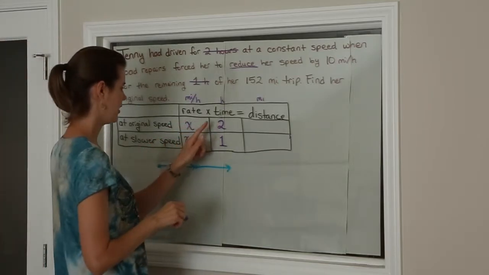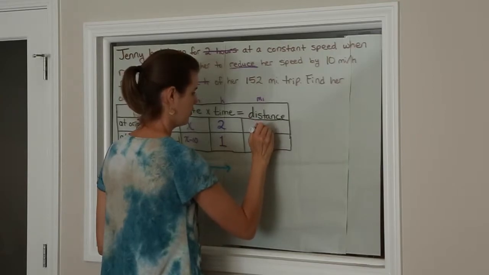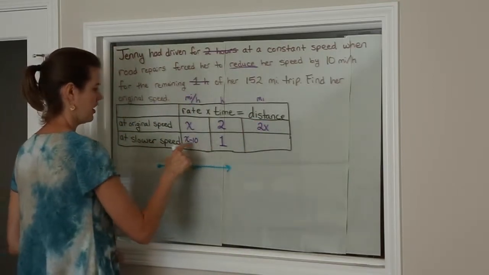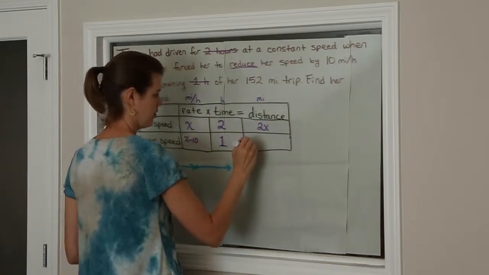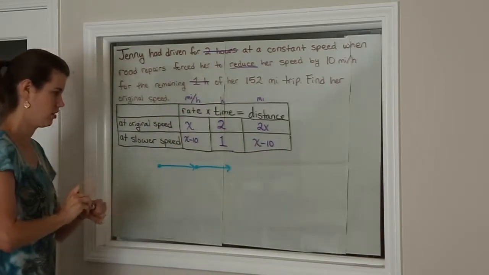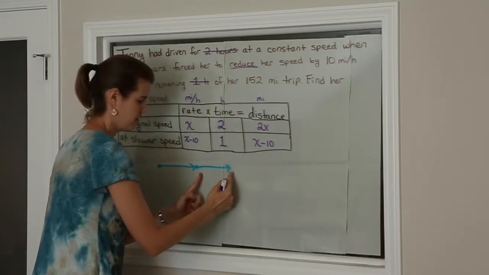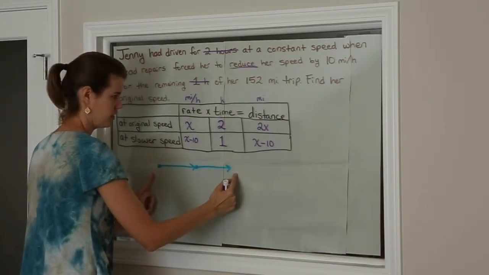2 times x, or x times 2, would give 2x right here. 1 times this is just this. This distance plus this distance is your total distance.